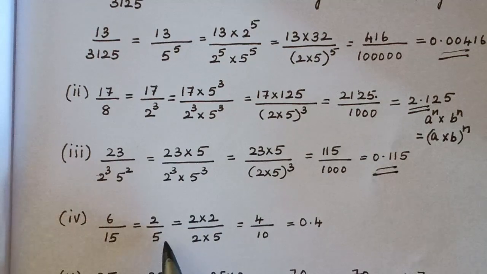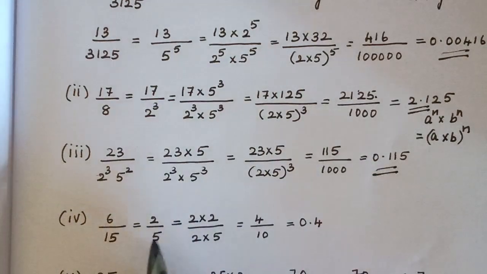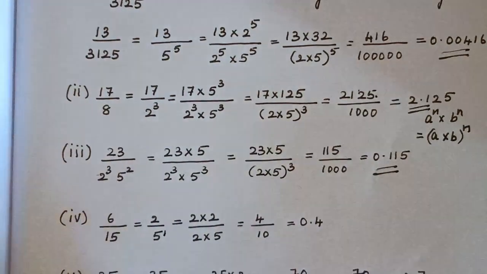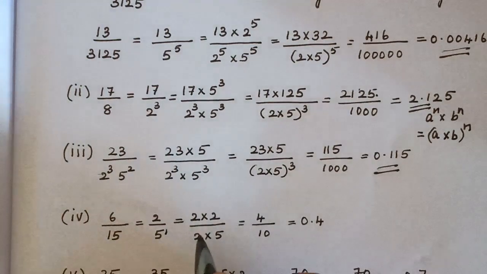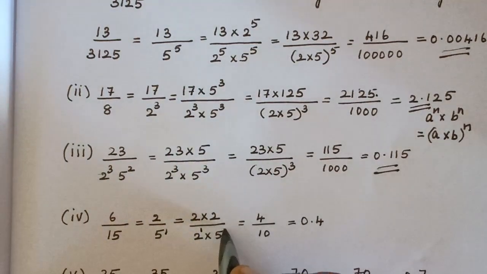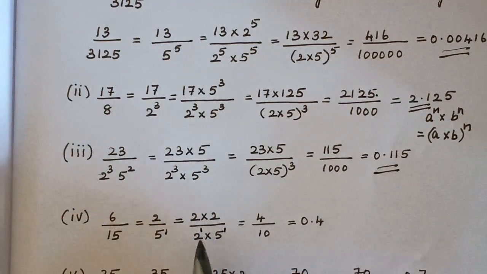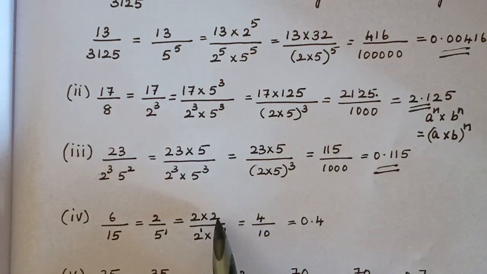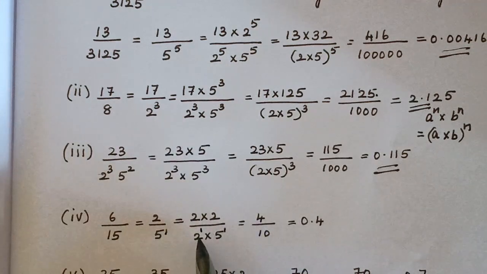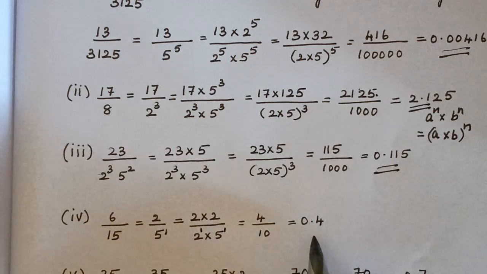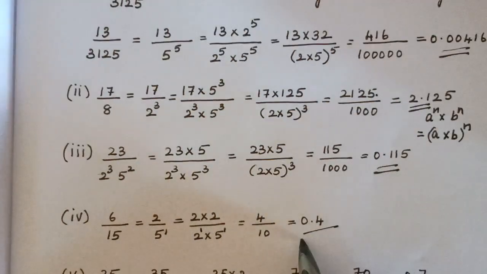That is, here we have to multiply numerator and denominator with 2 only, because here the power of 5 is only 1. So we will multiply 2 raised to 1, that means 2, to both numerator and denominator. That is 2 into 2 by 2 into 5, which is equal to 4 by 10, which is 0.4.